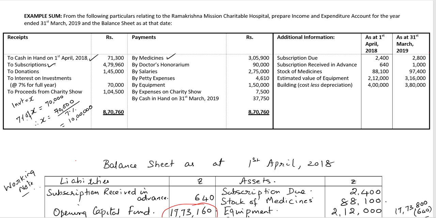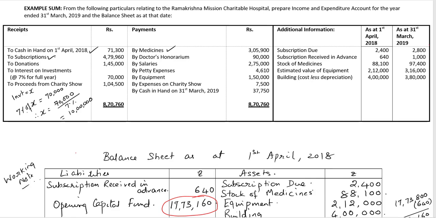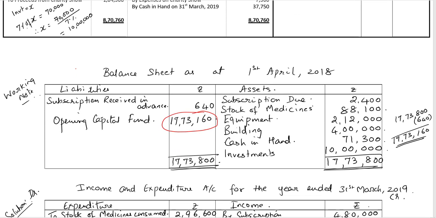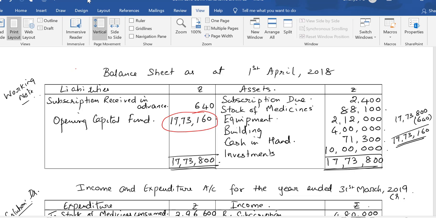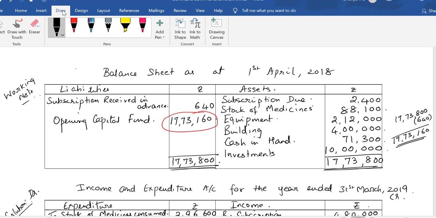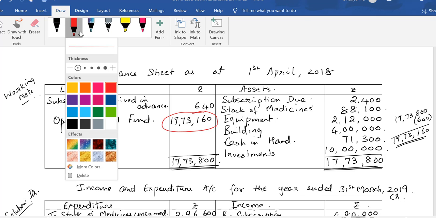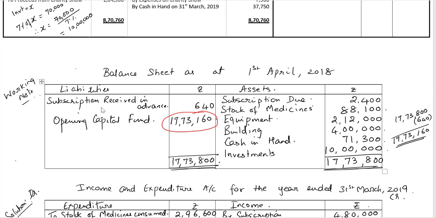That's the example sum at the top. The opening balance sheet. This is the opening balance sheet where we got the opening capital fund as 17,73,160 rupees.